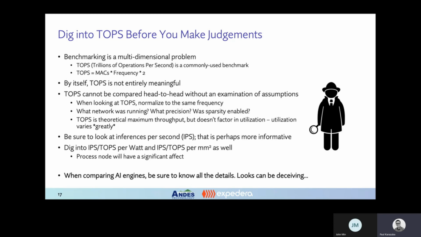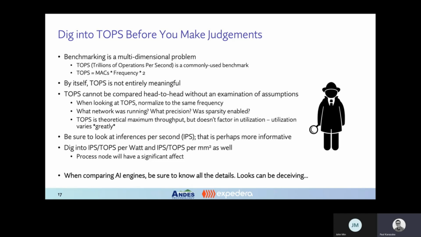Some examples. When you're looking at TOPS normalized to the same frequency, many or most AI inference suppliers use 1 gigahertz as a frequency. However, others use a frequency that's a little bit faster. It gives the appearance of more TOPS. Normalized, it may not actually have more TOPS. So you want to look at that.